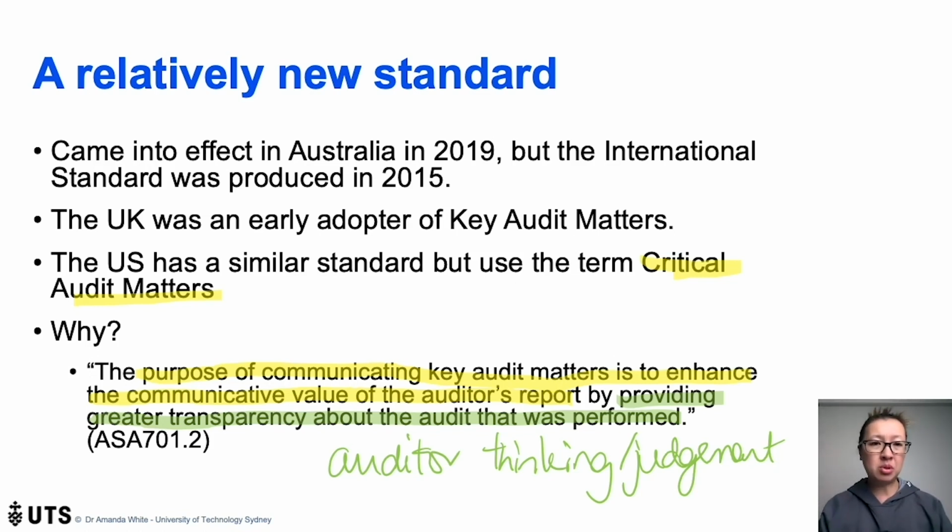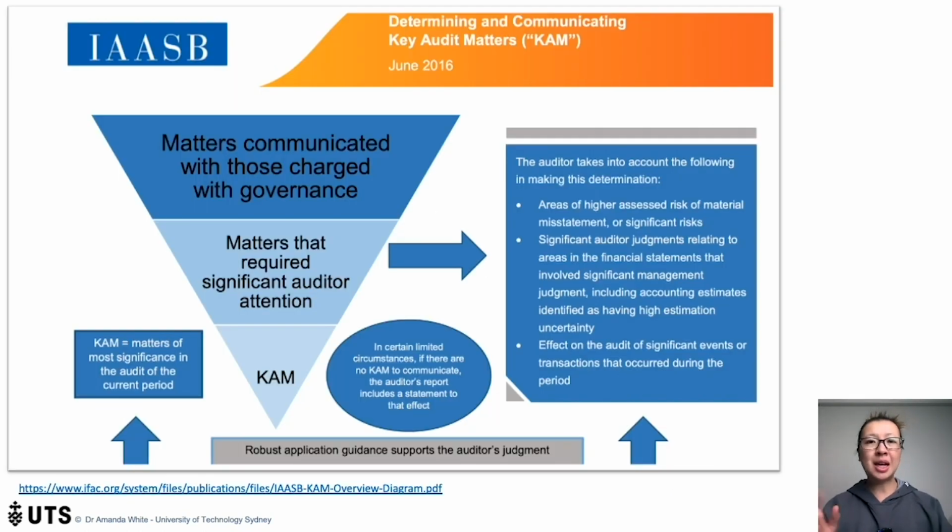We're going to look at some examples. So here I've taken an excerpt from the IAASB, which is the International Auditing and Assurance Standards Board. This is from 2016. But really, we start with a funnel process. So what we have, starting at the very top of the reverse pyramid there, is matters communicated with those charged with governance.